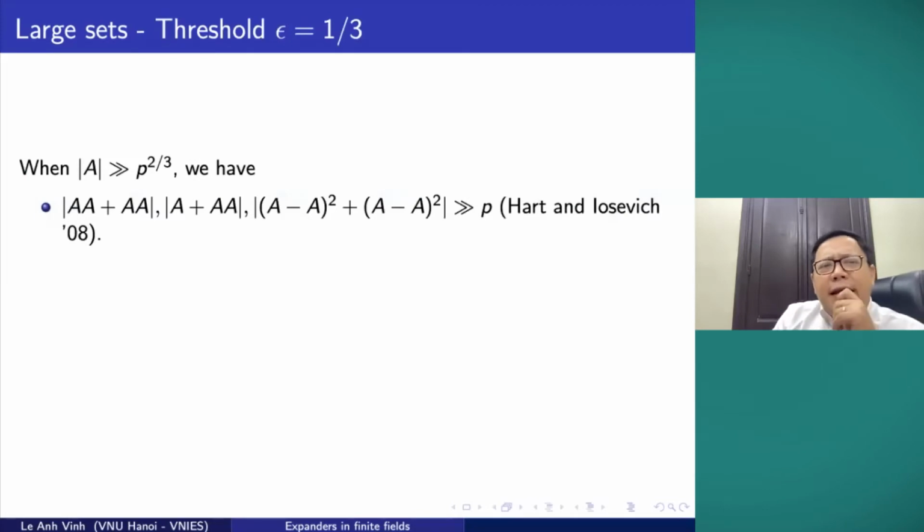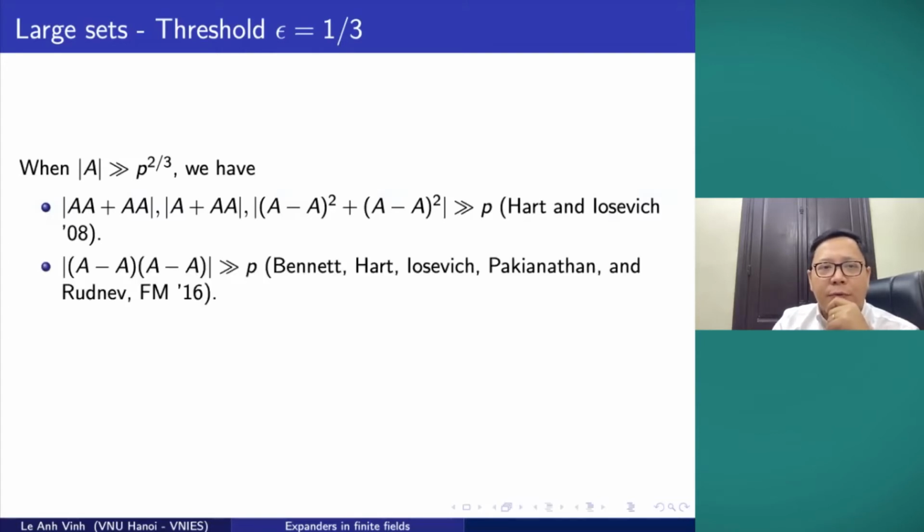Okay, so let's talk about the threshold epsilon equal to 1 over 3. There are some results in the first wave given by various authors, and Hart and Iosevich gave an expander for 4 variables with the threshold 1 over 3. A related result is called the volume of the set, or the Minkowski distance, right?